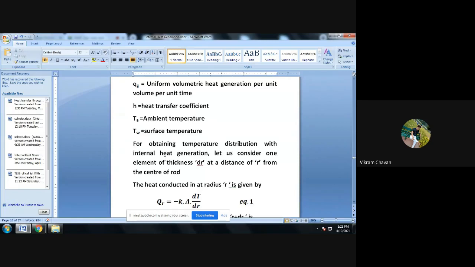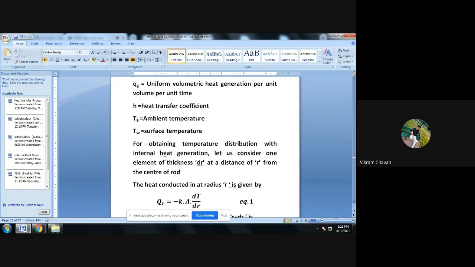Now once again we have to consider the heat conducted to the element. That is nothing but the heat entering the element at a distance of r, then the heat generated by the element, and the heat leaving the element.